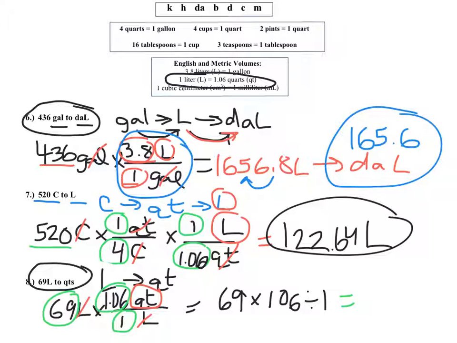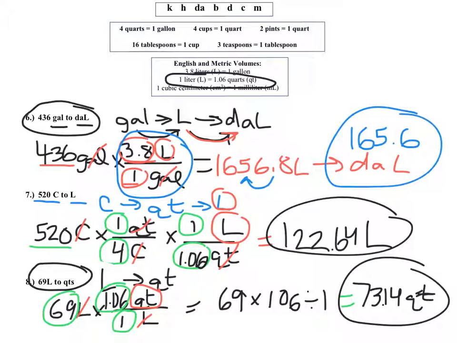When we multiply that all out, you end up getting about 73.14 quarts. So if you have liters, you have a few more quarts because quarts are a little bit smaller. Right? But again, hopefully this helped you. It'll support you a little bit better in problem solving and thinking about what will convert to what.